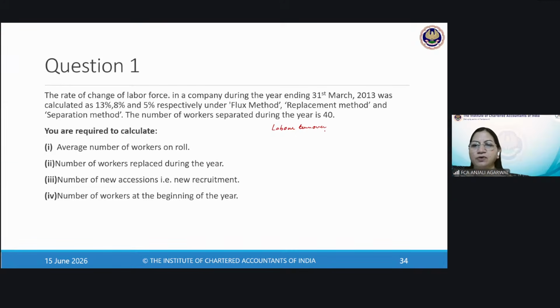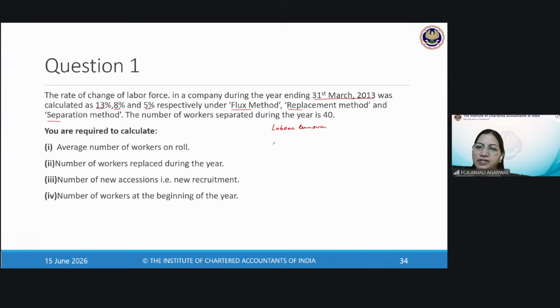This means your employees are continuously leaving the organization and joining back. So that should not happen. The rate of labor turnover in a company during the year ending 31st March 2013 was calculated as 13, 8, and 5% under flux, replacement, and separation method.